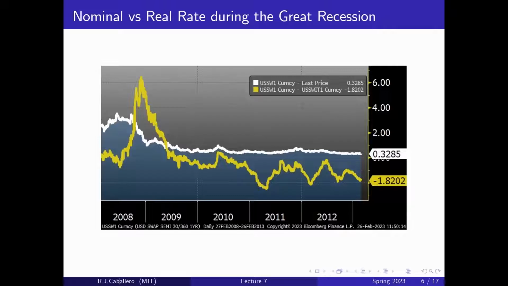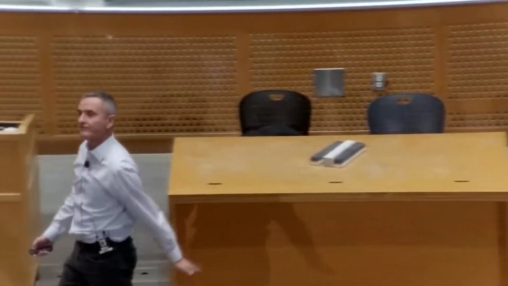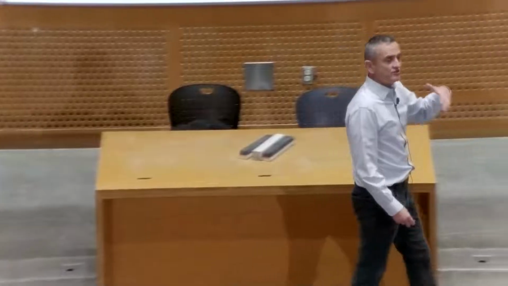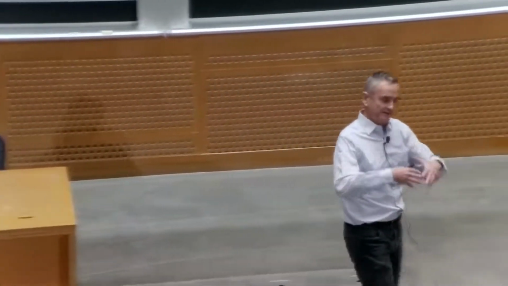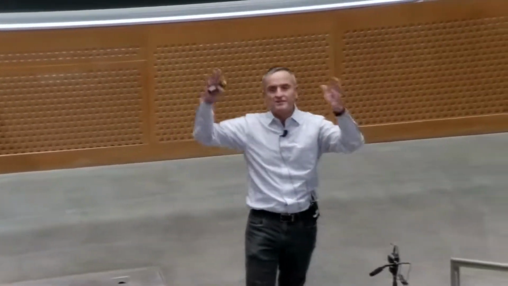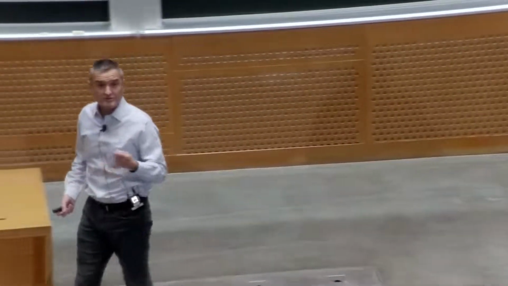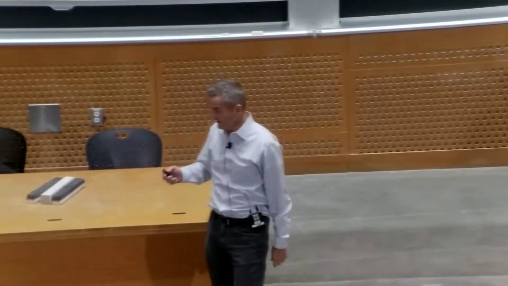So what must have happened for this real interest rate to go up like crazy? How can it be? There is the Fed bringing down the nominal interest rate, and the real rate, boom, jumps up. Expected inflation went down a lot. So what I was saying is, expected inflation is typically positive. In developed economies, around 2%, 2.5%, that's the type of numbers. But in deep recessions, it can even go negative. And that's what happened.